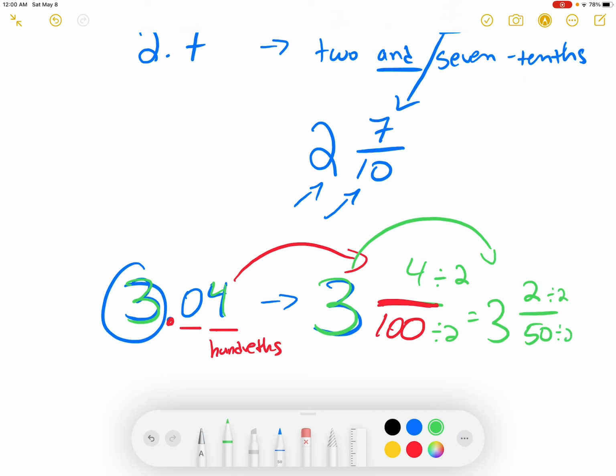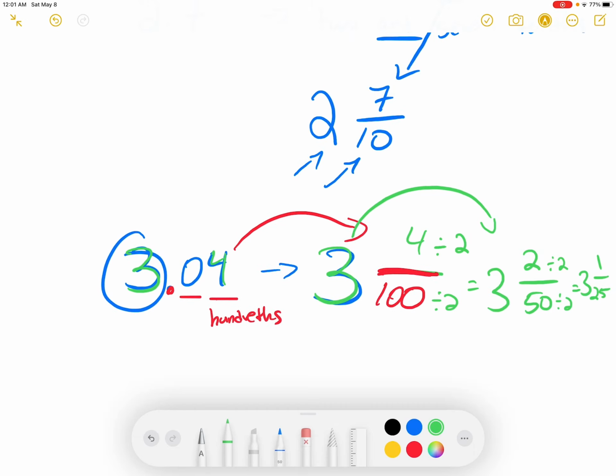I can do it one more time. Divided by 2, divided by 2. 2 divided by 2 is 1. 50 divided by 2 is 25. 3 and 1/25 is the same as 3 and 4/100ths.